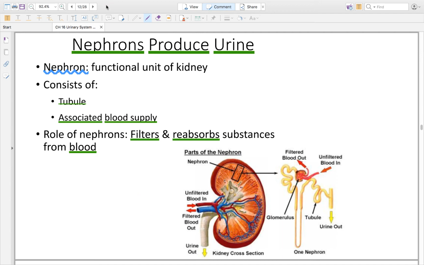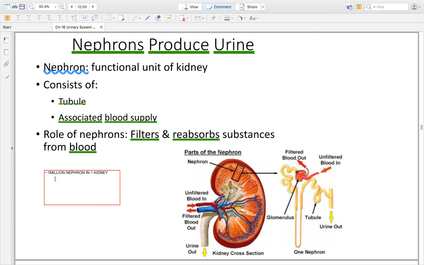Off the top of my head, there's approximately 1 million nephrons in one kidney. That's a lot.